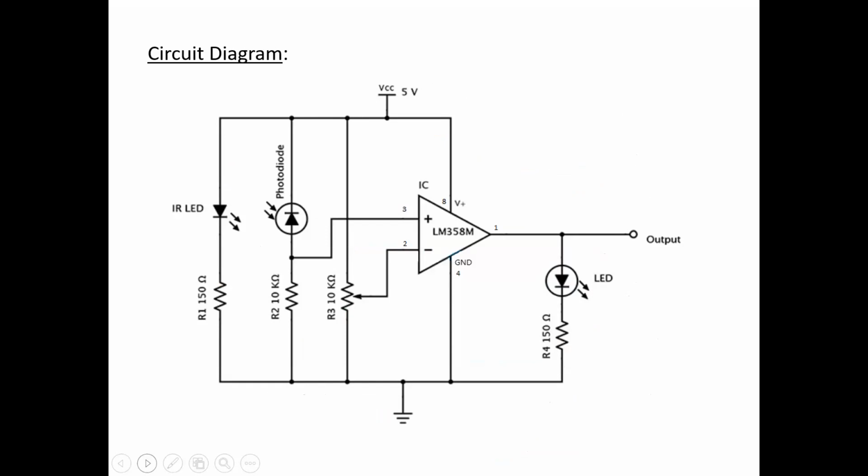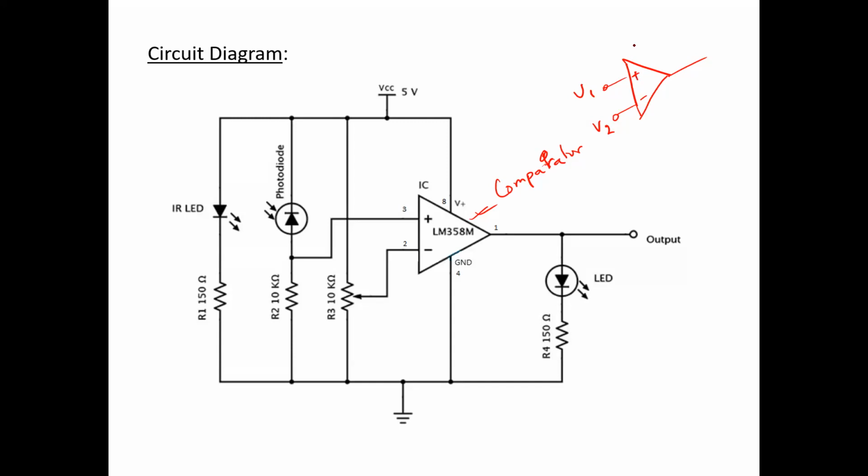So first of all, there is the op-amp. The op-amp is actually working over here as a comparator circuit. You know that in a comparator circuit, suppose there are 2 voltages, one at the non-inverting terminal and another one at the inverting terminal.